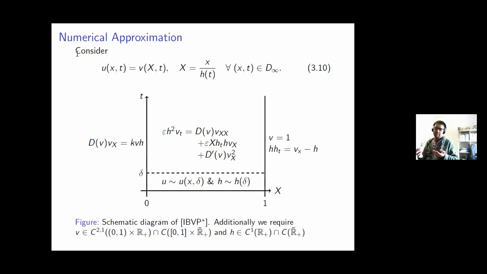So what we've done here, in a similar way to the small t asymptotics, is rescale the coordinate system. We consider a new variable x, which is equal to little x divided by h of t, and consider a new function v. We reformulate our initial boundary value problem in this way for v. What this really does is convert our free boundary condition on u into a fixed boundary condition on v.